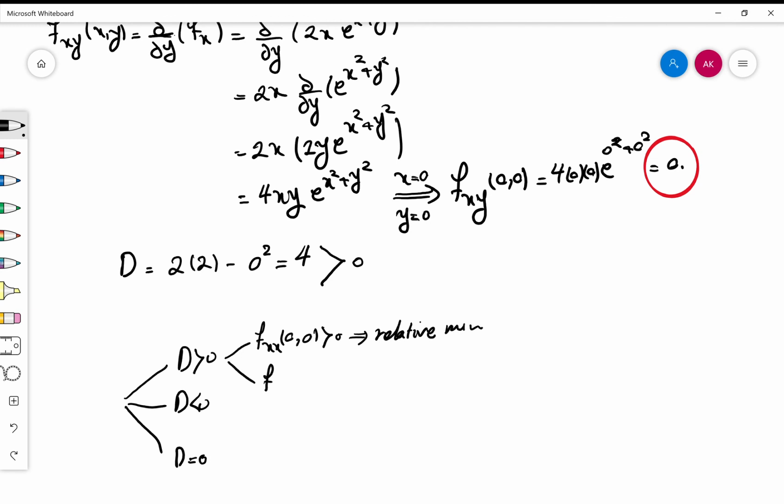If fxx at that point is negative, then we have a relative max. If D itself is negative, which is not what we have here, it will be a saddle point. And if D is 0, the test is inconclusive.